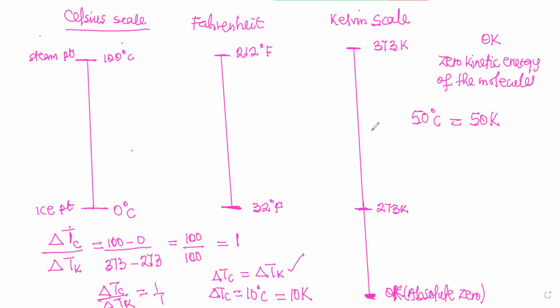Please note this, very important for changing temperature. This does not mean that 50 degrees Celsius is equal to 50 Kelvin. That's not what I'm saying. Here we are talking about changing temperature on the two scales, delta T.